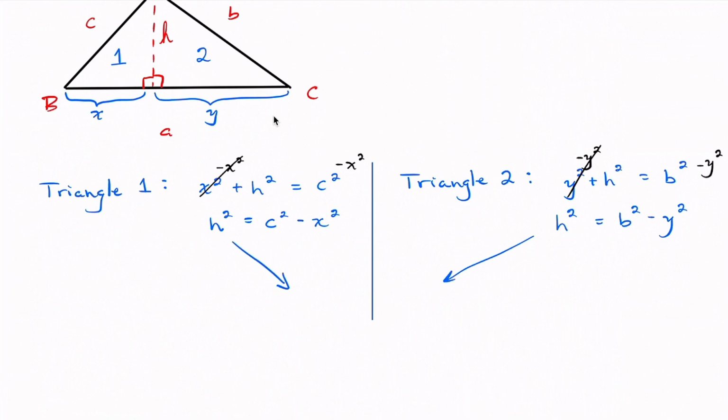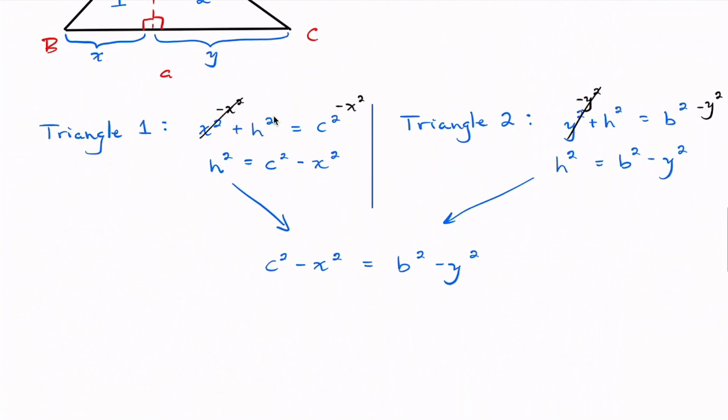Just going to move up this middle line here. So I have c squared minus x squared on this side, that was h squared, and on the other side I have b squared minus y squared, that was also h squared. So I can set these two sides equal. Again, that was using that transitive property that we looked at in the last video.